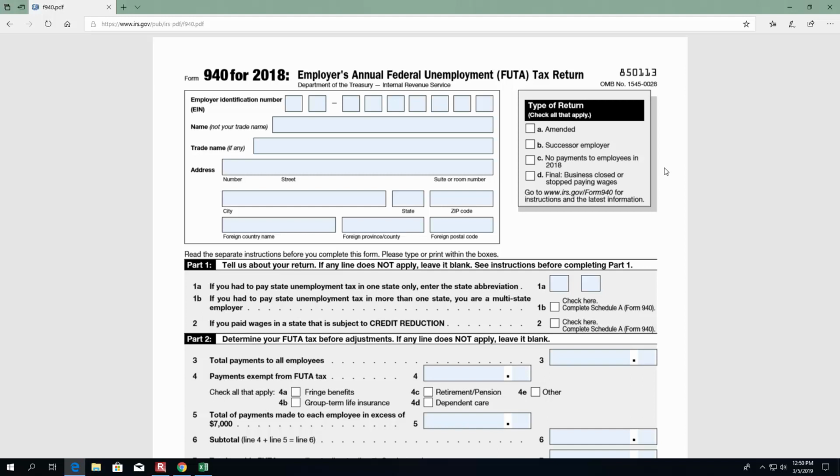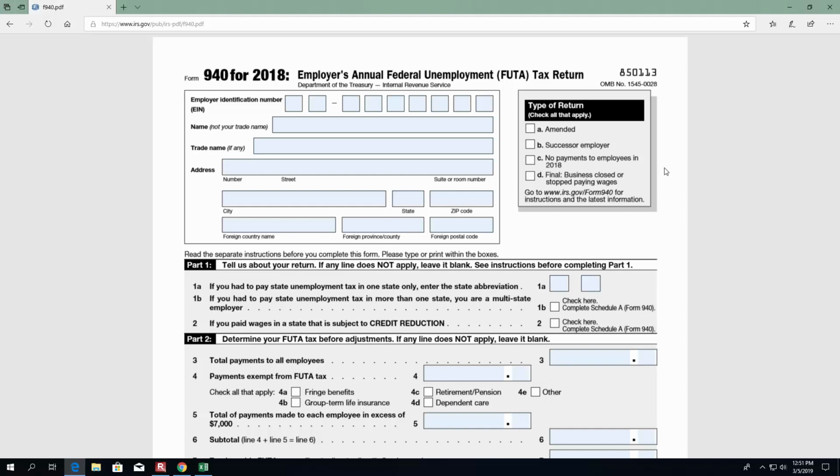What percentage is FUTA? Remember that from the first couple weeks? 0.6%. And what's the cap? $7,000, and it's on the employer only.